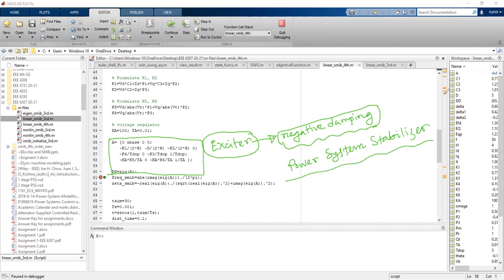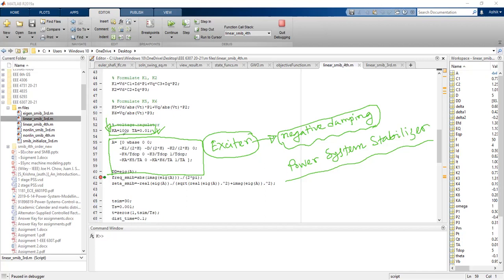What you can do is check this A matrix against the derivation that I did in the slide. You can check the A matrix and the eigenvalues. You can also play with these two parameters. Someone might say, why are we choosing this? I may choose any other values, but of course, the values should be taken from some practical exciter model.